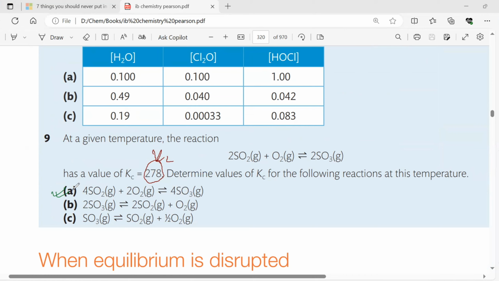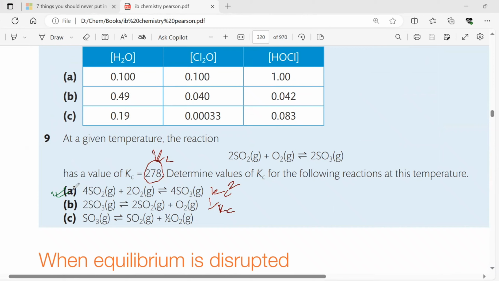This is times by 2, so it'd be Kc squared, right? Yes, perfect. This will be Kc to the power of 2. This one will be 1 over Kc because they're flipped.